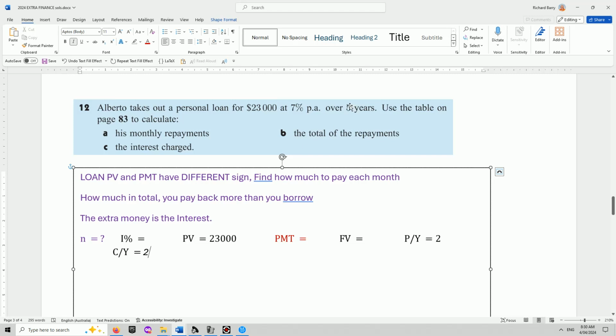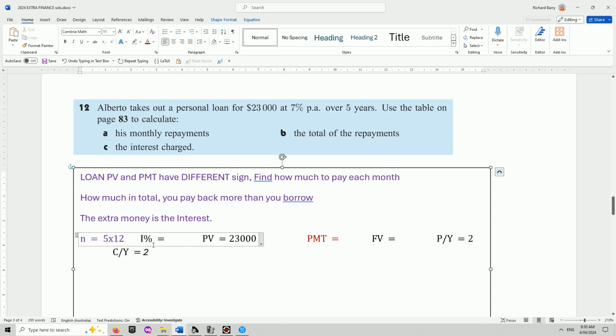So it's 5 years, and somewhere I see monthly. So somewhere over here we have 5 times 12. Interest for this question is 7%. Payment is what I'm looking for. The future value doesn't say that, but the assumption is that the loan is paid off.